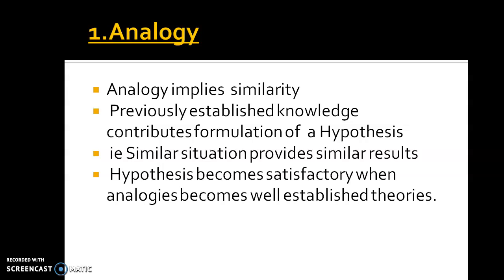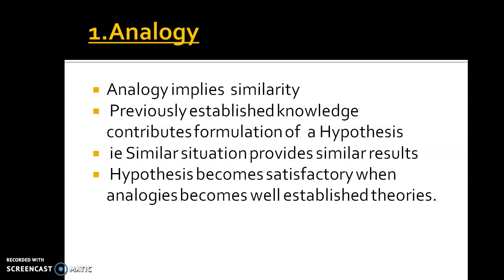What does analogy mean? Analogy implies similarity, which means previously established knowledge of a particular thing contributes to the formulation of a hypothesis. If we perform an experiment that is already established, we will get the same result.